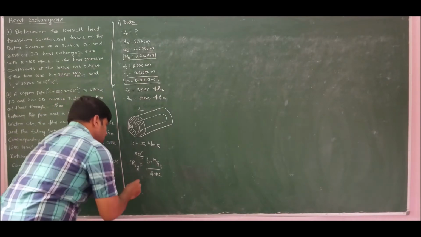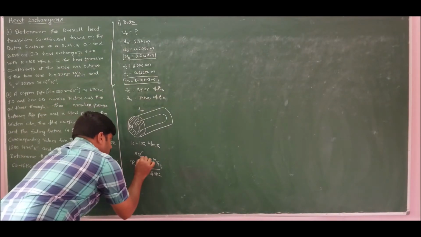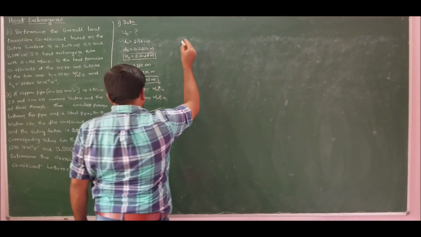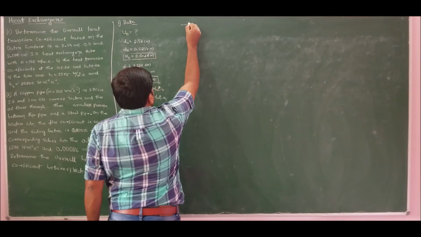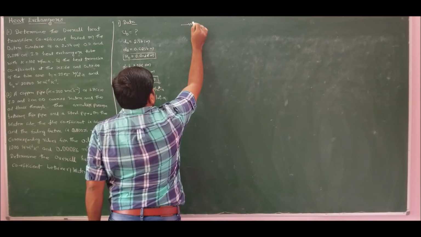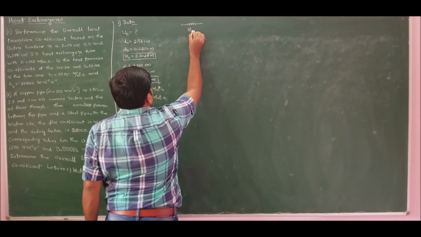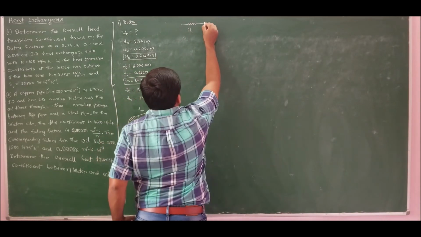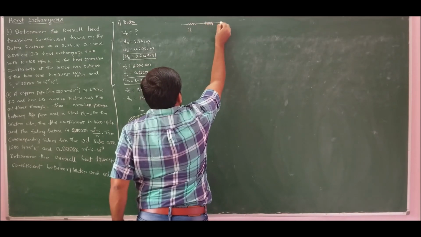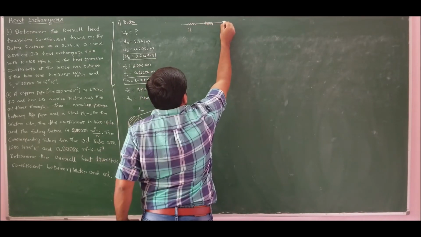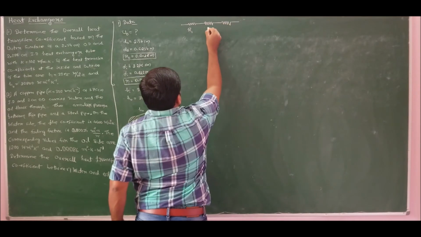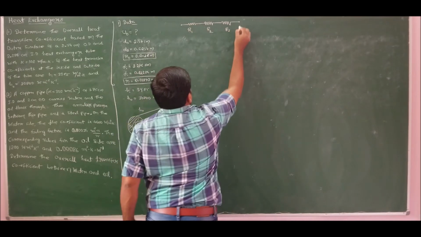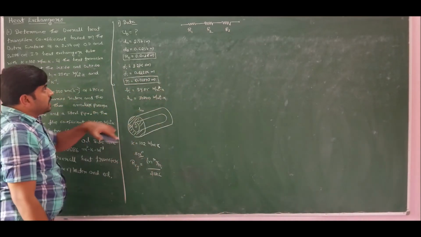So hence, if I draw the circuit for this, we will be having the resistance as from the inside to inner surface we have convection, R due to convection, it is R1, and from inner surface to outer surface we have conduction, and from outer surface to ambient we have again convection. Let us take it as R2 and R3 is the resistance what we have. This is the electrical analog for the given problem.